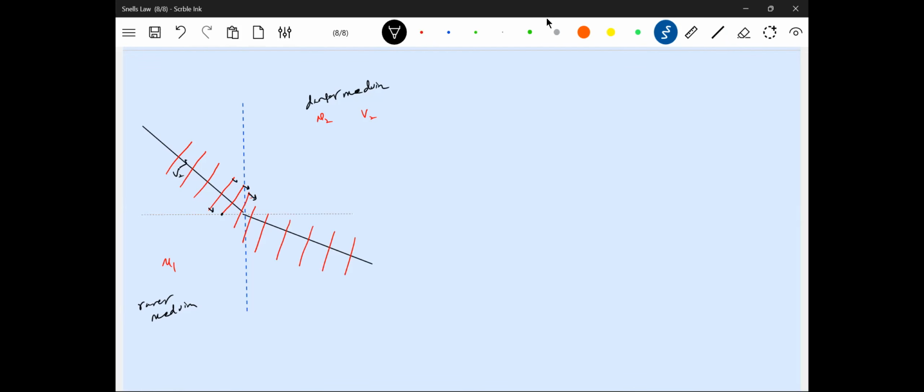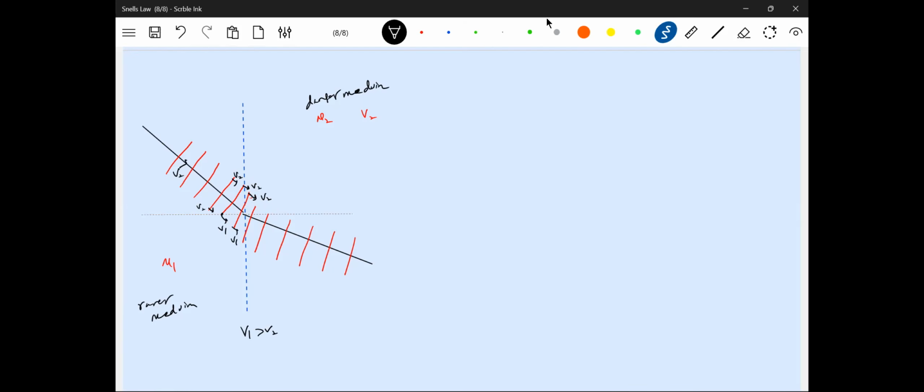Here they were having a speed v2, v2. Now this is v2, this v2. This will have speed v1, v1. v1 is in fact greater than v2. You can see from the diagram, in a given interval of time, this point will cover less distance than this one. So the wavefront has to bend here now.